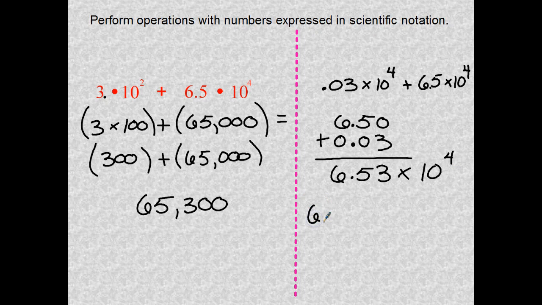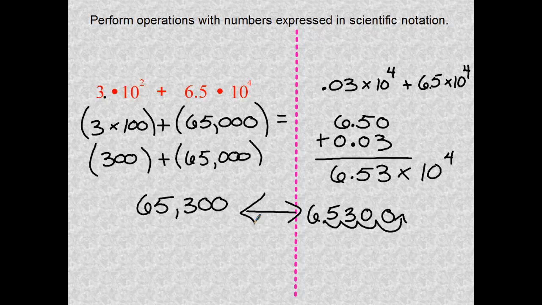So let's move it over 1, 2, 3, 4 times to the right. Here's my 5, here's my 3, and I plug in my zeros. And as you can see, doing it both ways, you end up with 65,300. Second way is a lot more difficult, but again, sometimes it's going to be needed when your exponents aren't so easy to work with like it was over here.